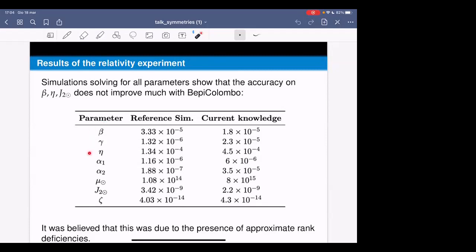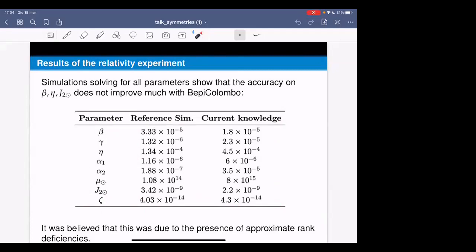these are the results for the parameters involved in the relativity experiment. These are the formal uncertainties, the accuracies that are achievable. And this is the current knowledge, always in terms of uncertainty.